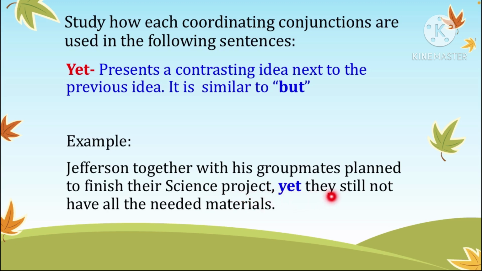Yet, they still do not have all the needed materials. So, like what I said, the coordinating conjunction yet is also similar to the coordinating conjunction but, since it presents a contrasting idea.